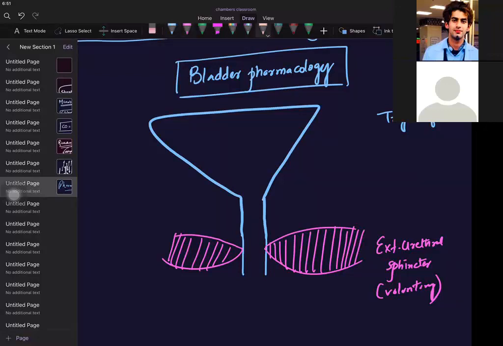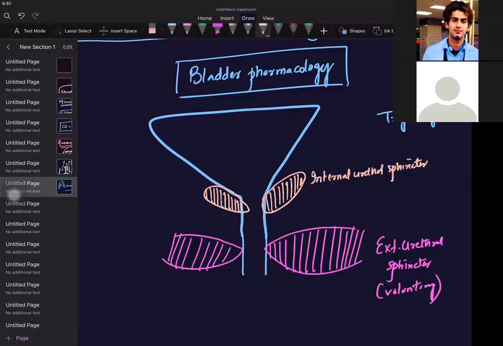This sphincter is the internal urethral sphincter. Now this is an involuntary sphincter. The external one is the place where you are controlling your urination voluntarily.